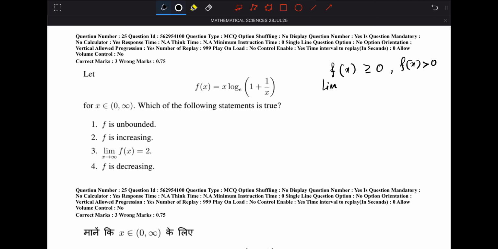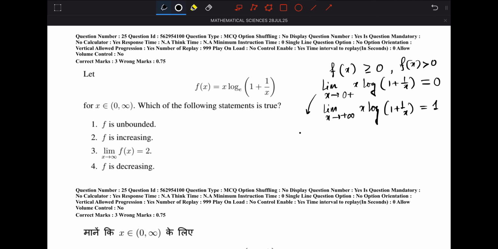The limit as x tends to 0 of x times log(1 plus 1 by x) is 0, and the limit as x tends to infinity of x times log(1 plus 1 by x) is 1.